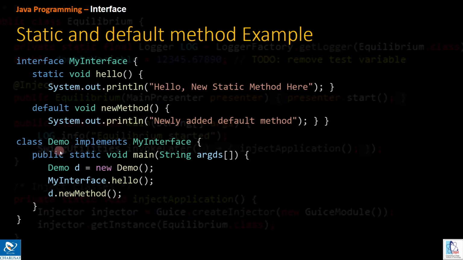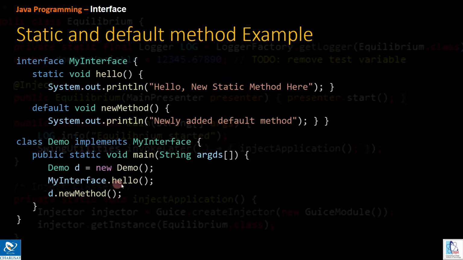Here we have the implementing class called demo, which implements the interface my interface and has a main method. There I'm creating the object of the demo, d is equal to new demo. If I want to call the static method, obviously the static method is supposed to be called with the help of the interface name or the implementing class name.